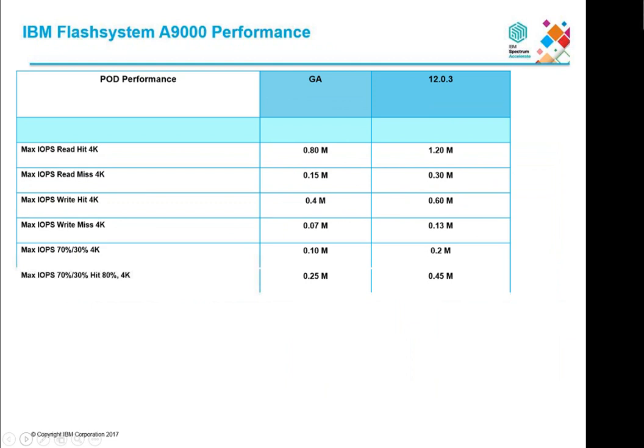So there are some physical differences in the hardware between the 9000 and the 9000R, and then obviously there's just more pieces of hardware in the 9000R. So that's why I see a fairly marked difference in the performance numbers, just because for one, the sheer number of grid controllers and storage enclosures I have in a full-up rack, and then also to some minor extent the differences that I have in the grid controller between the pod and the rack.